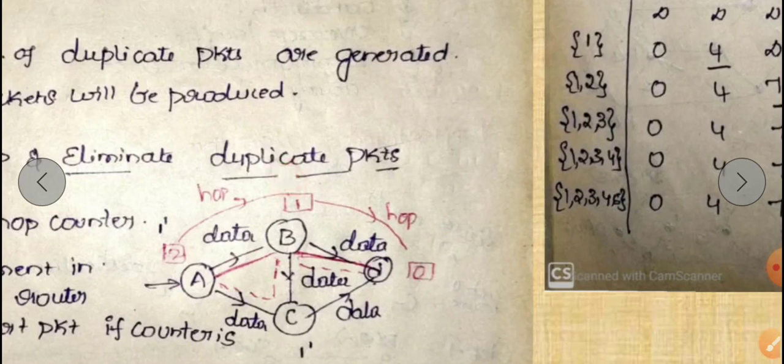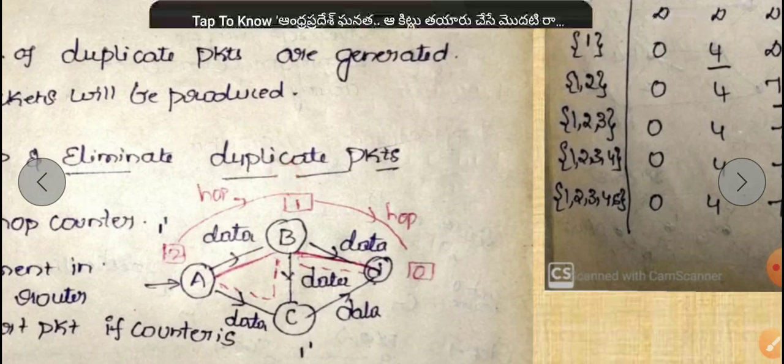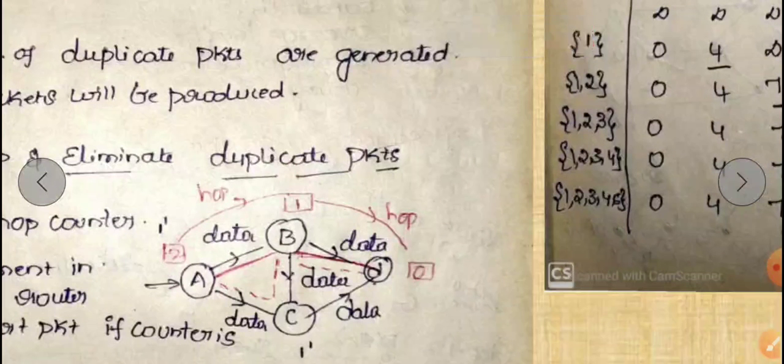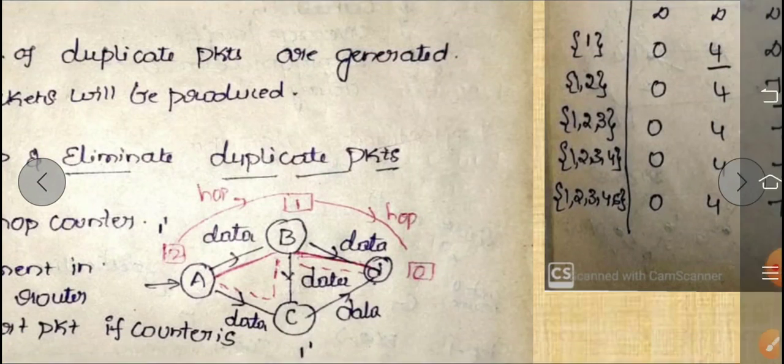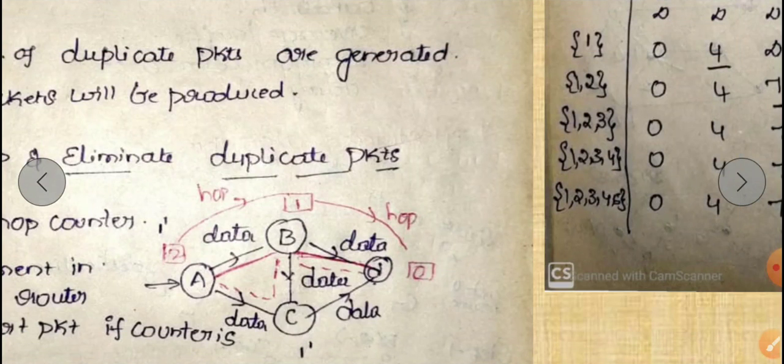Here a packet is transmitting from source A to destination D. Here how many counts will there be? 2 counts will be there. When the packet is moving from A to B, one count, and for example the packet header size was 2.